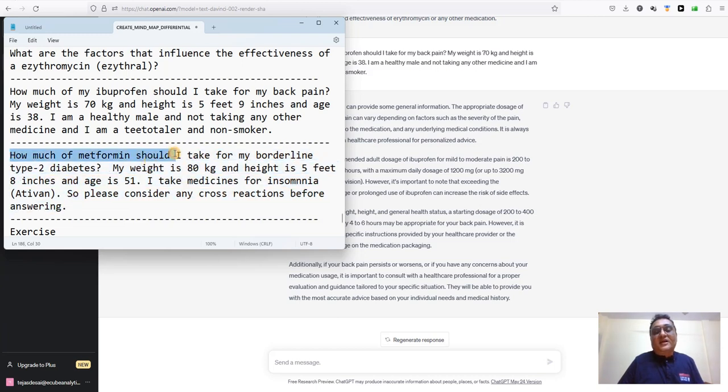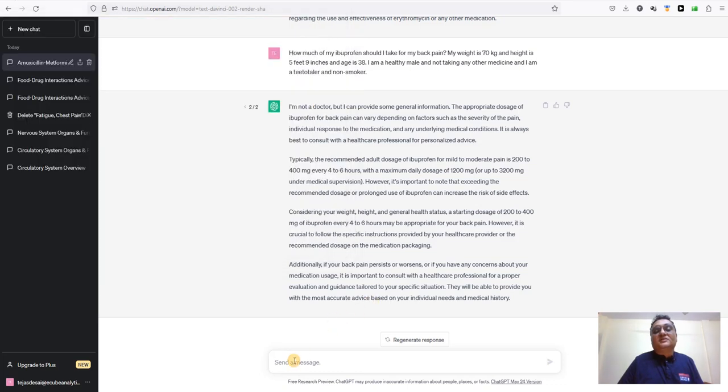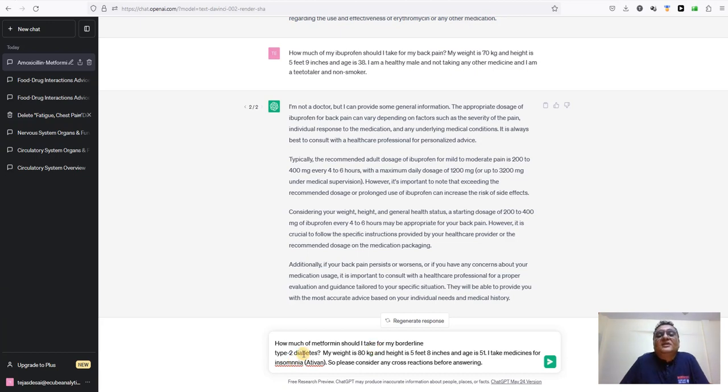Again, it will clarify I am not a doctor, and metformin dosage can vary depending upon various factors: blood glucose level, kidney function, individual response, and so on. But typically, the starting dosage for an adult is 500 milligram to 850 milligram.